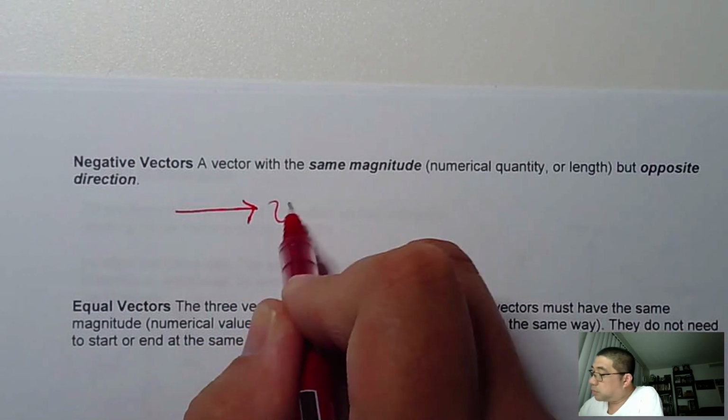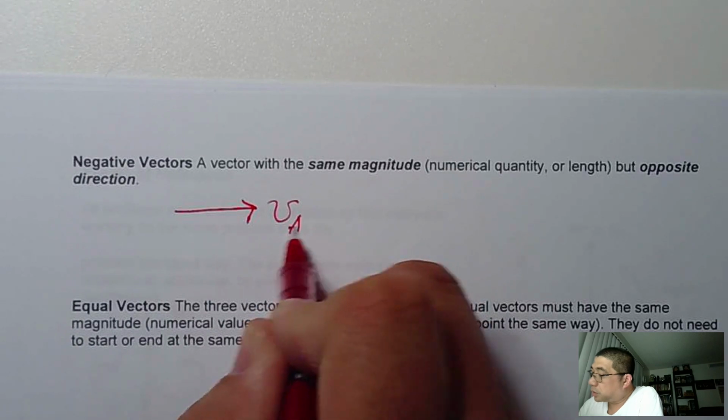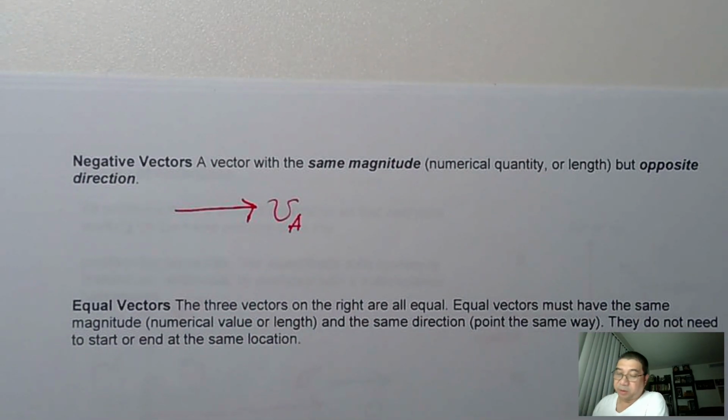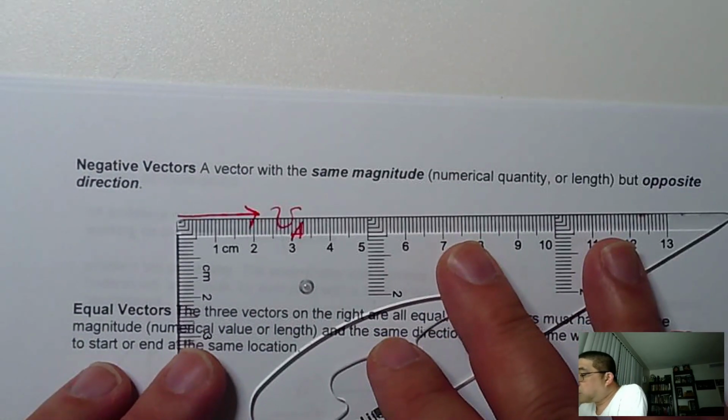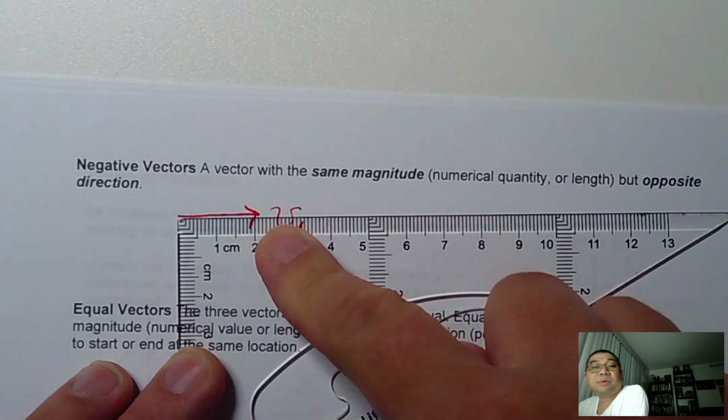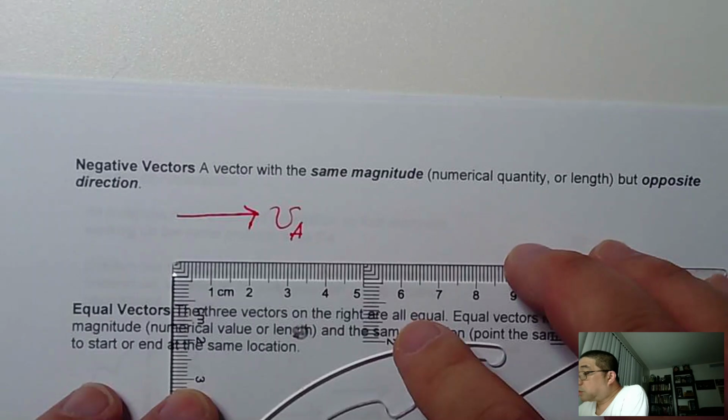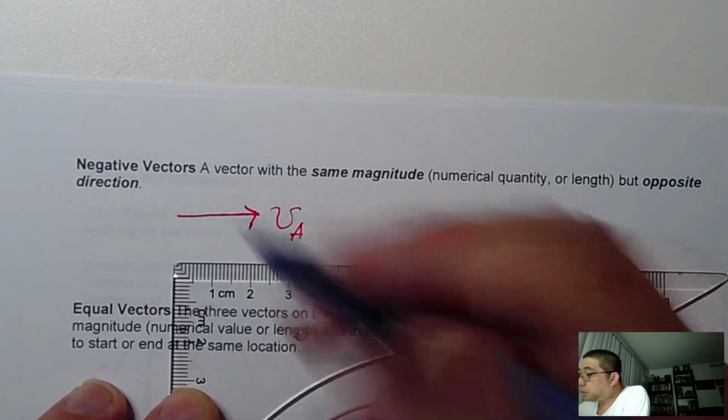Let's call this one vector A. If I'm going to draw a vector that is negative to vector A, the first thing I should do is take a measuring device, and that measuring device is definitely not a scale, but instead we're going to use something like this one, which is in metric form. If I take this from 0 all the way to 2, it's approximately 2. So what I'm going to do is just draw another vector.